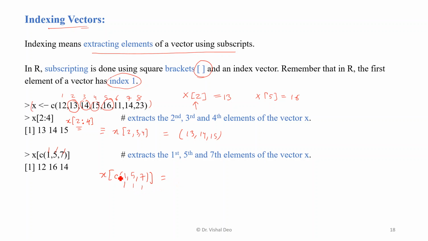So the concatenate function again comes very handy. These things are very interesting, and you'll get used to it when you practice. Practice is very important. So it will return the first element, that is 12, the fifth element, that is 16, and the seventh element, that is 14. So this is how indexing is done.